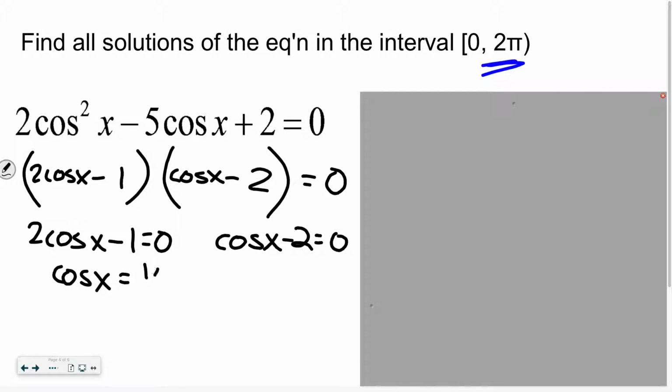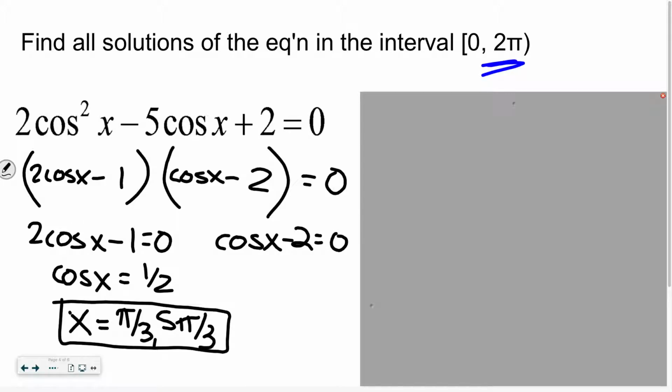Add 1 and divide by 2, so cosine x equals 1/2. Can you give me the angles from 0 to 2 pi that work for that? Pi over 3 and 5 pi over 3. Notice I am not writing plus 2 pi n, because if I add 2 pi to either one of those angles, it will be over 1 revolution. It will be more than 2 pi.